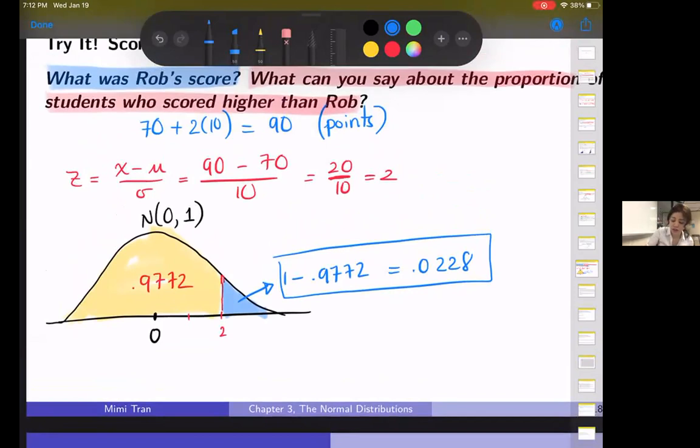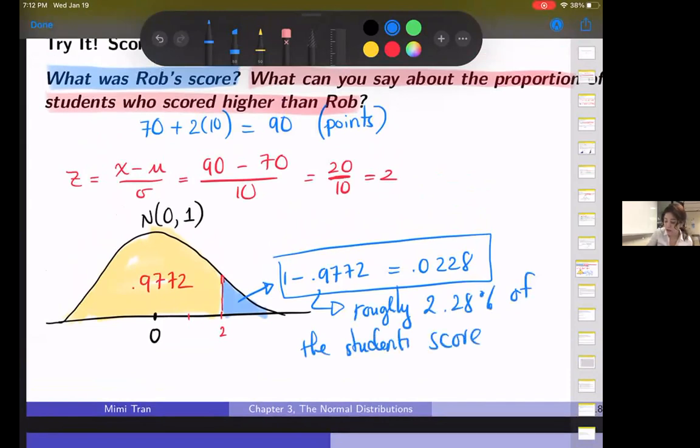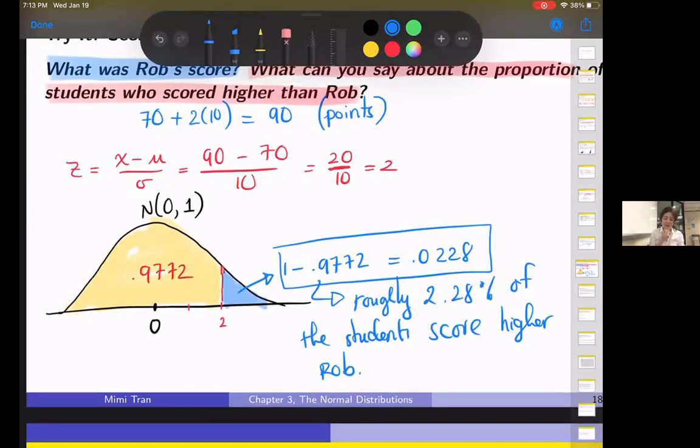So according to this, we say roughly 2.28% of the students score higher than Rob. Wow, that's a very tough final exam. Only 2% score higher than 90 points. Must be a rough final.